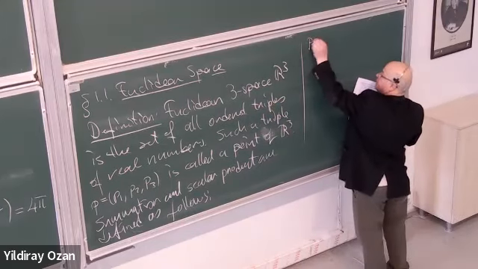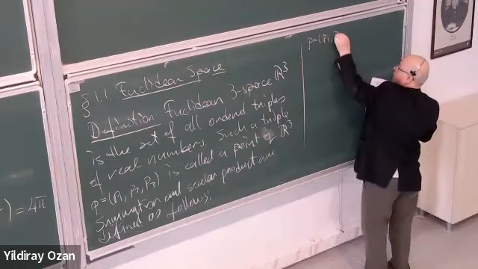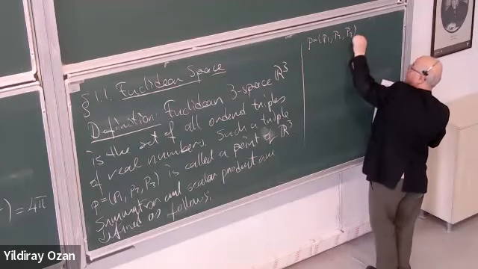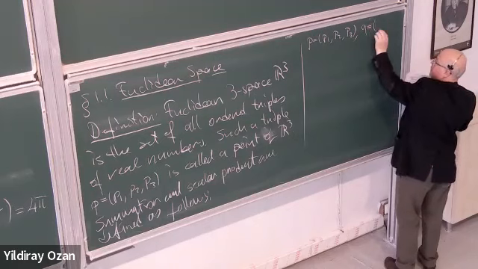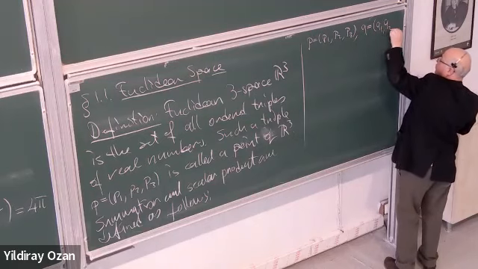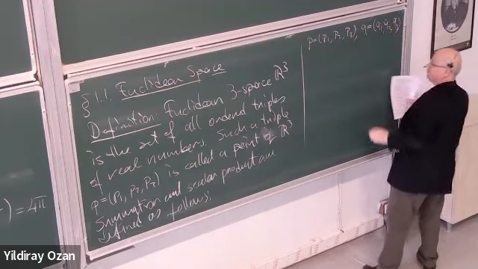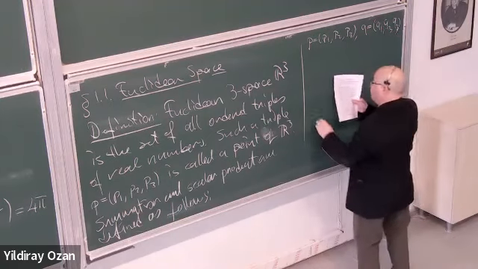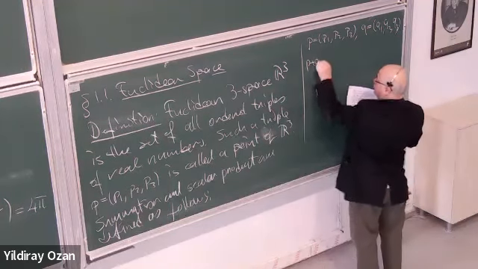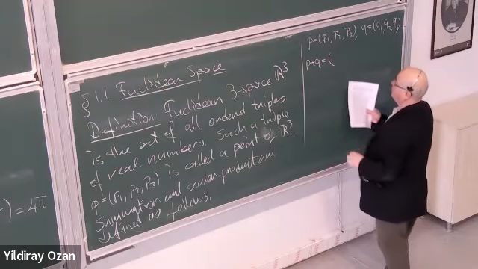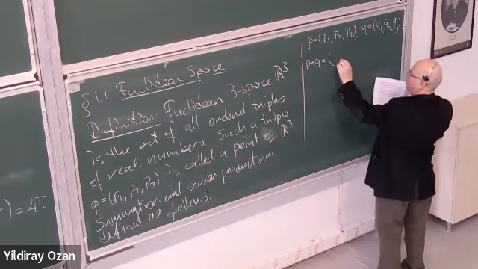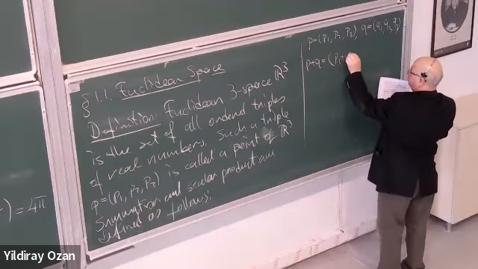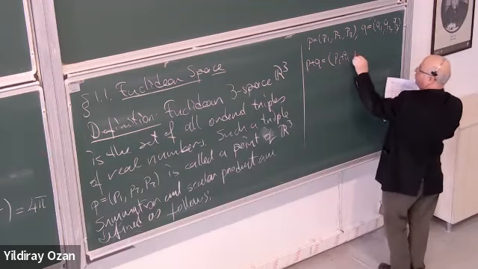So if we have, let's say, a point P = (P1, P2, P3), and Q is another point, (Q1, Q2, Q3), then P plus Q is just the point where you add the coordinates.